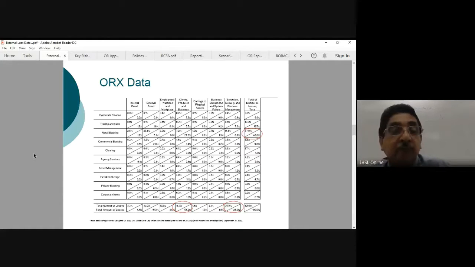And you can see under corporate finance, if you take the total loss events as 100, you have only 0.9 under corporate finance, and loss amount is 8.8.